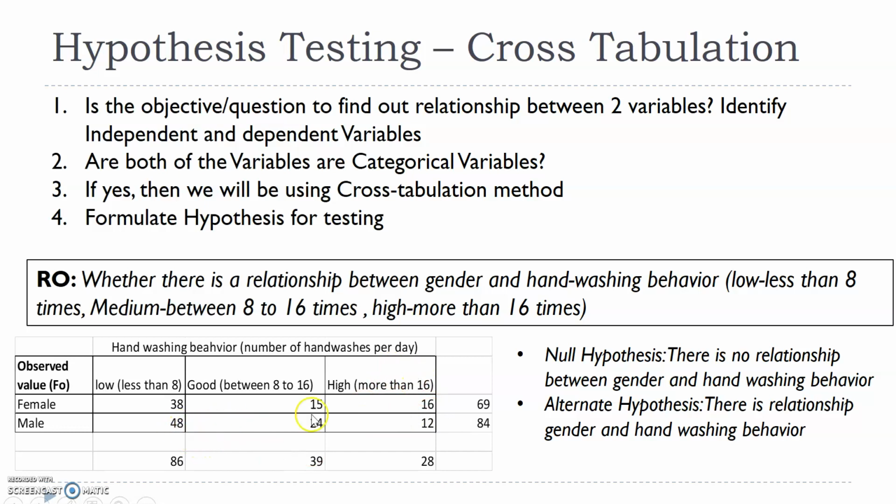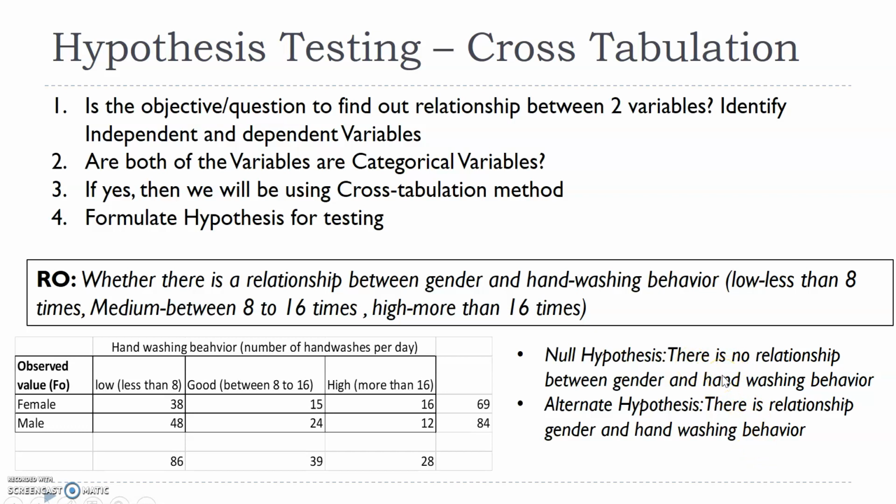The same can be concluded for the male students. So what will be my alternate hypothesis? I want to understand whether there is a relationship between hand washing behavior and gender. There is a relationship between gender and hand washing behavior. My null hypothesis will obviously be that there is no relationship. That is the status quo.